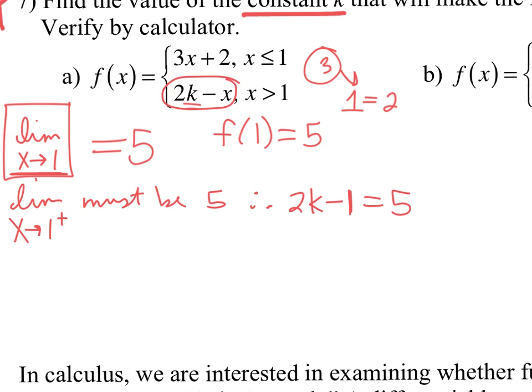Because when you're doing the limit as x approaches 1 from the right, you're plugging 1 in for x, but we know that that's supposed to be 5. So 2k is equal to 6, and k is 3. So when k is 3, this is continuous. You can plug 3 back in and check that the limit as x approaches 1 is 5, that f of 1 is 5, and that all of it still works nicely.